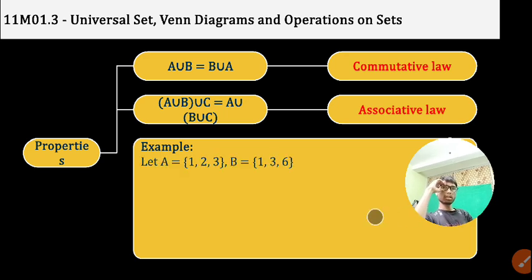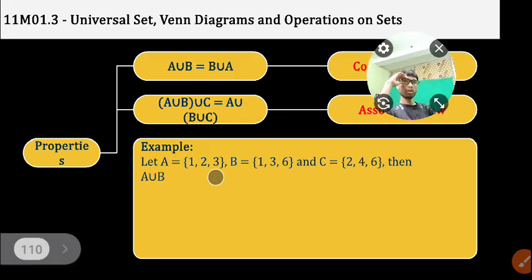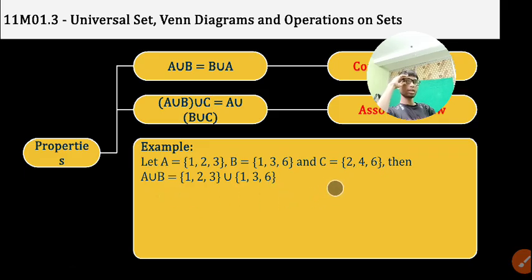Okay, next examples. This is set A, this is set B, and this is set C, three sets. Here union of A and B would be what? 1 2 3 6. This would be union of A and B here. Now what about this union C?